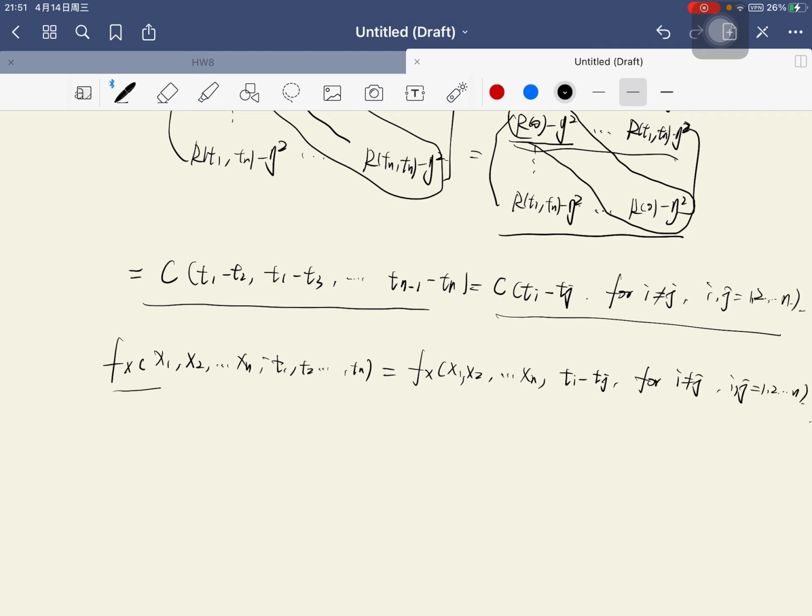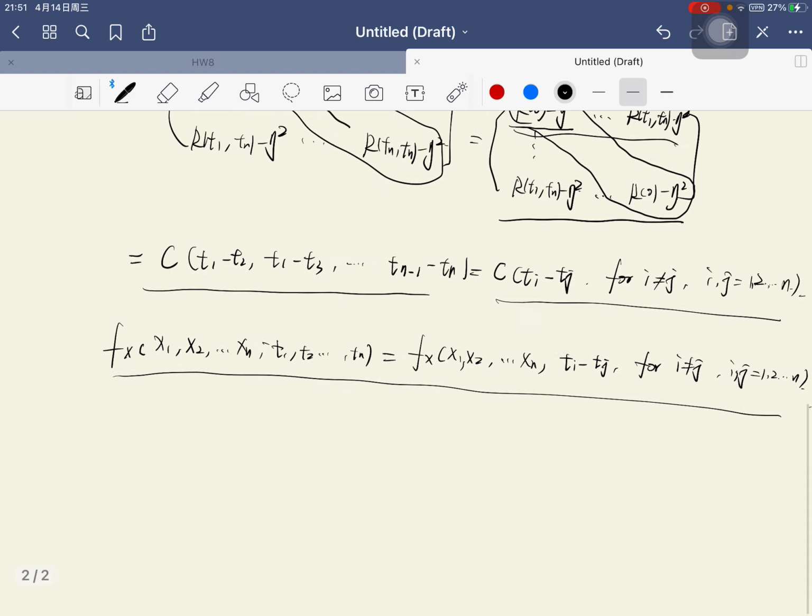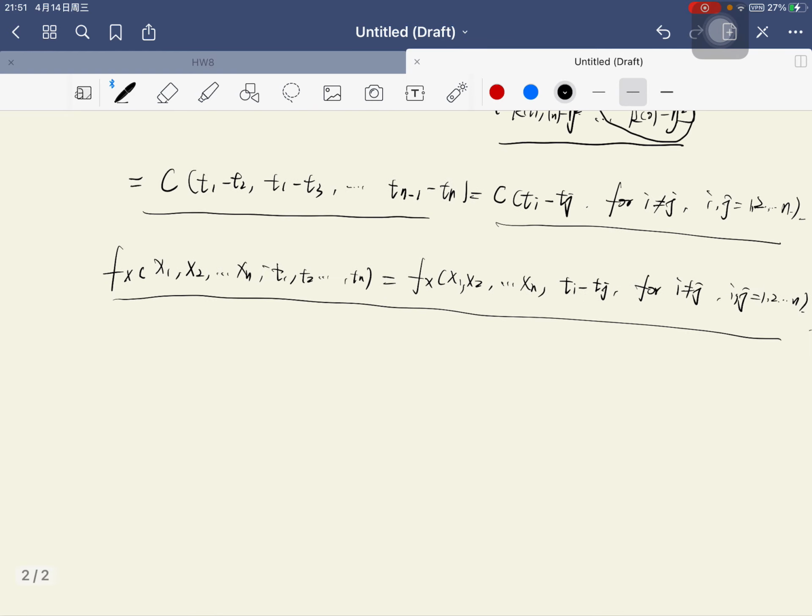Because of the WSS property, it only depends on the time shift.